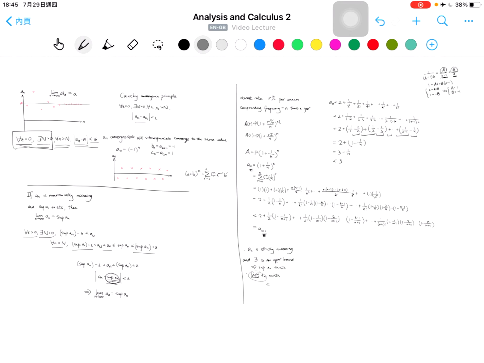For this lecture, what we've learned so far is the definition of limits. We've also learned the Cauchy convergence principle, and that a converging sequence must have all of its subsequences converging to the same value.